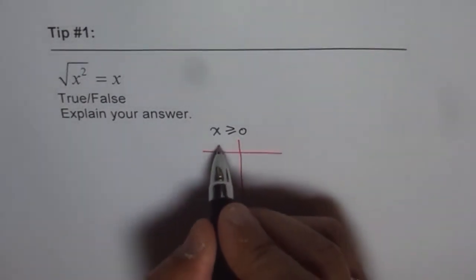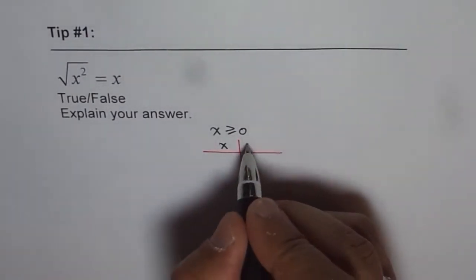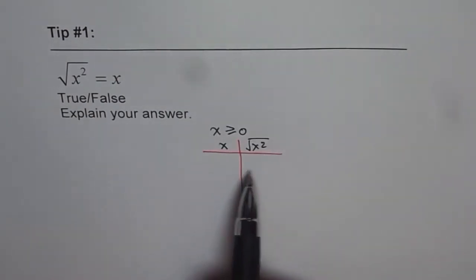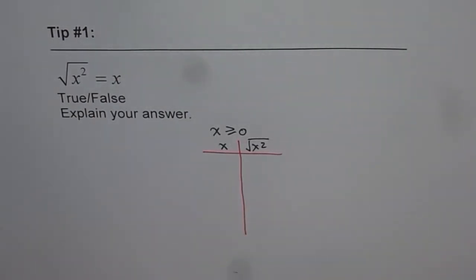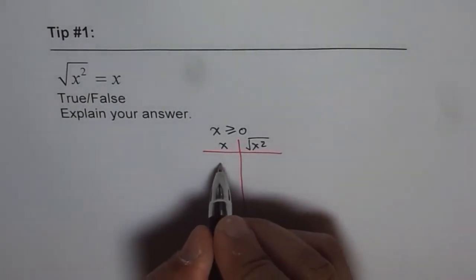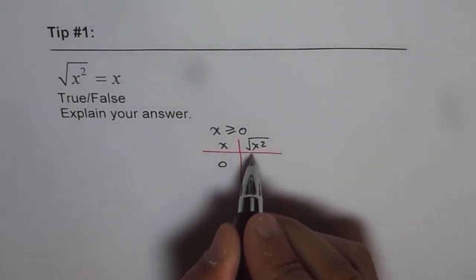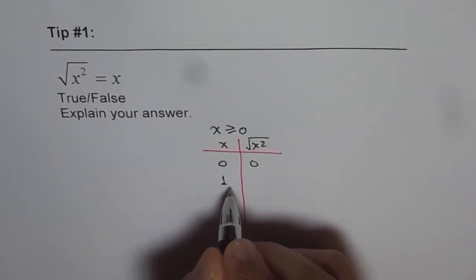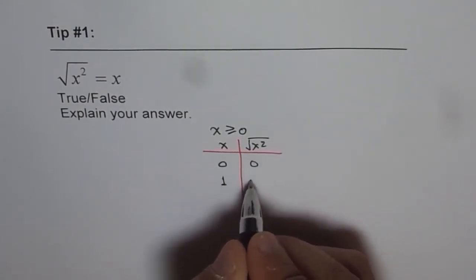Now if I write x values in the left column and square root of x square on the right side, we can compare whether they are equal or not, right? Very simple. Let's start with 0. So if I write 0 for x, square root of 0 is indeed 0. How about 1? 1 square is 1, square root of 1 is also 1.